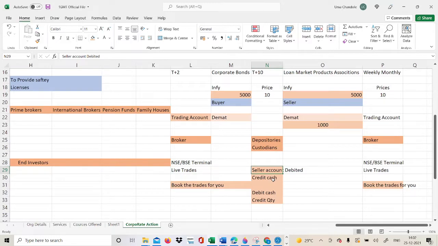Vice versa, the buyer purchased the securities, so the securities will be credited in the buyer's account, and the cash will be debited from the buyer's account because you purchased something. The custodian will do the same activity in their books of account because the custodian is holding these accounts with them. And once they transfer the securities to each other, then only we'll get a message that yes, we have received the message.